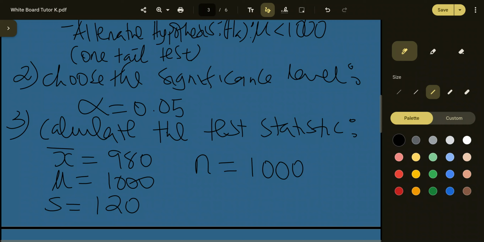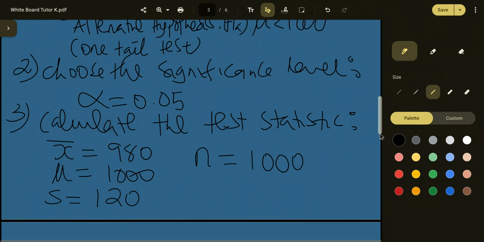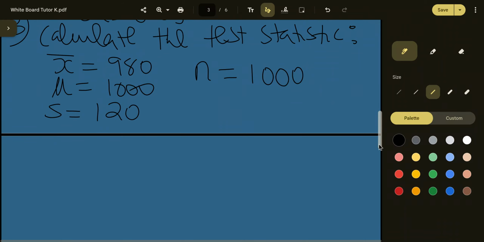So you have the sample mean, the population mean, the population standard deviation, as well as the sample size. Now let's use the formula for the z-test.